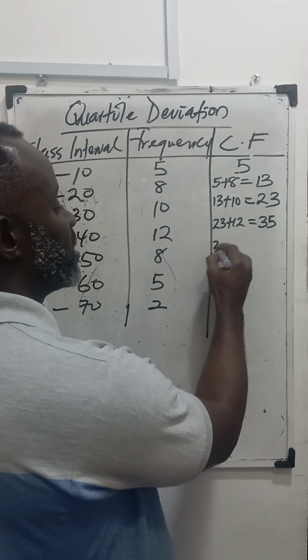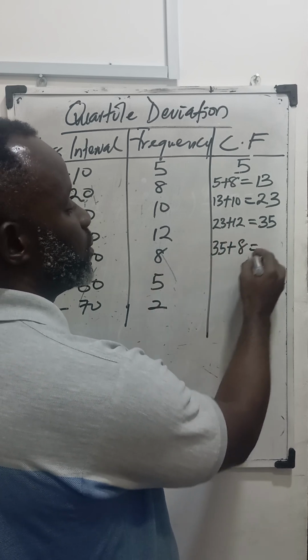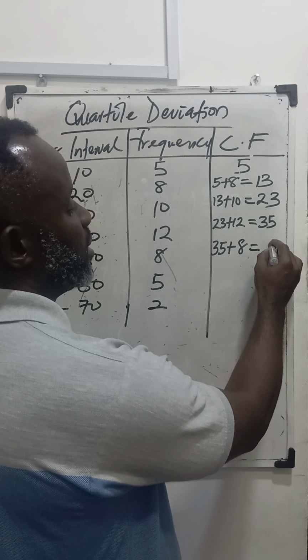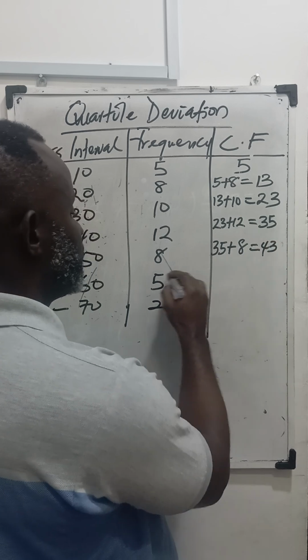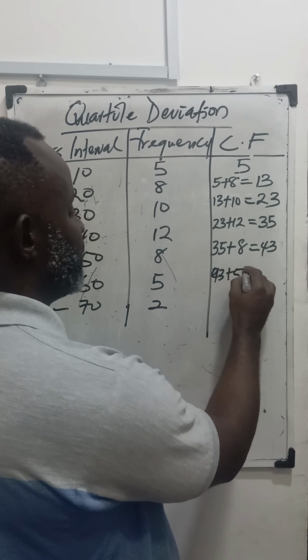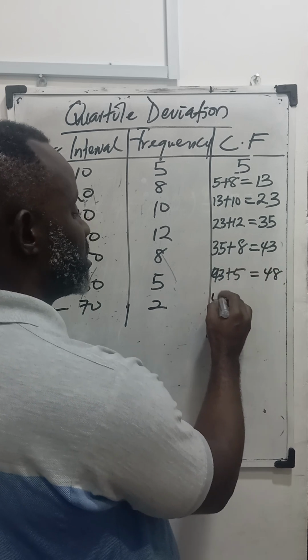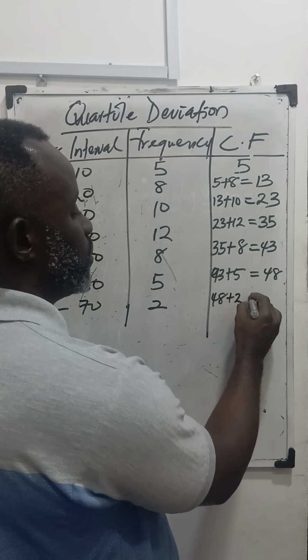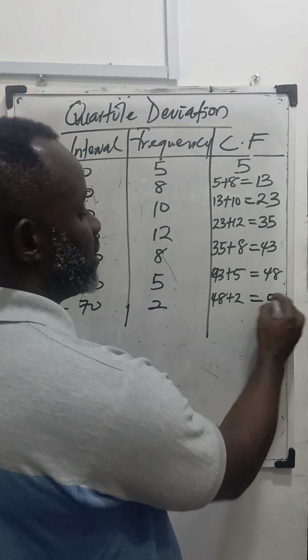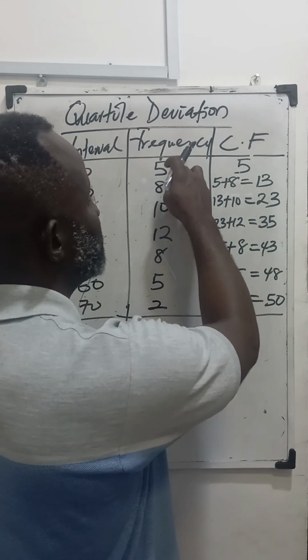The next will be 35 plus 8, which will give you 43. Then the next is 43 plus 5, which will give you 48. Then the next is 48 plus 2, which will give you 50.